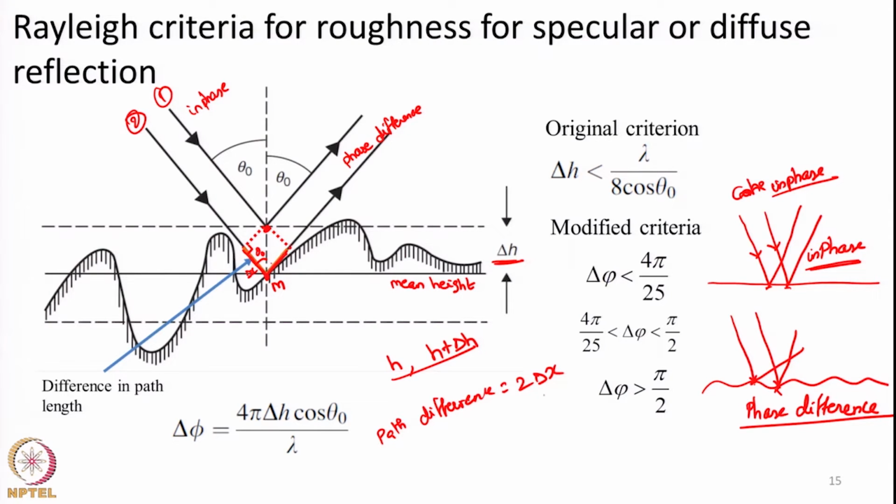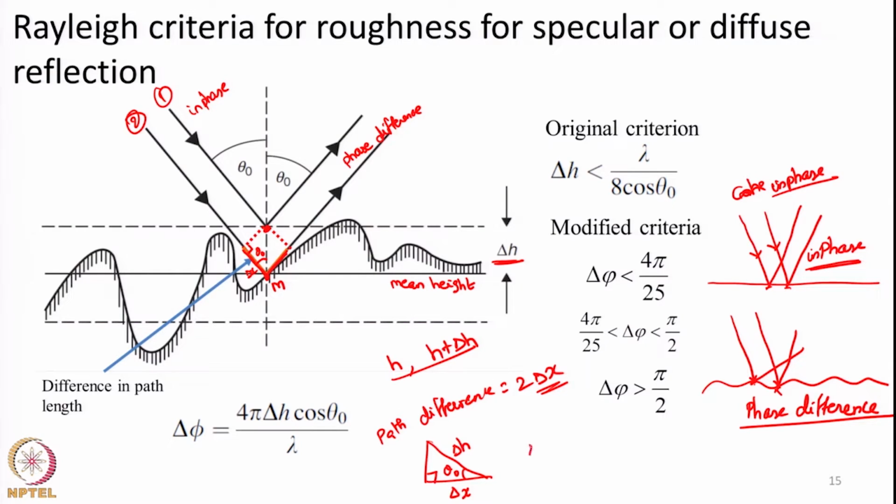First we need to calculate delta x. Just look at that small triangle here: this is theta naught, this is the 90 degree line, this is the delta x we need, and this hypotenuse here is delta h, the height difference between them.